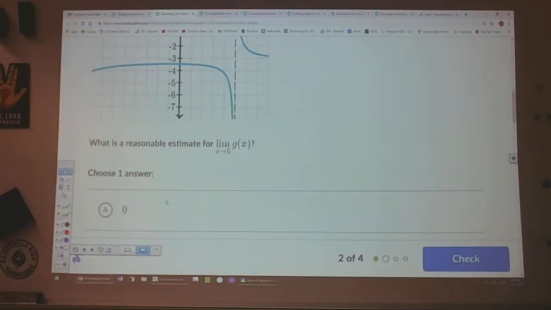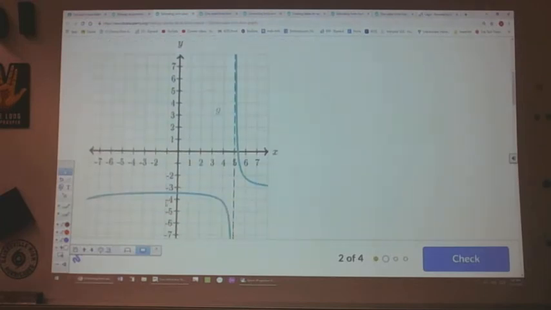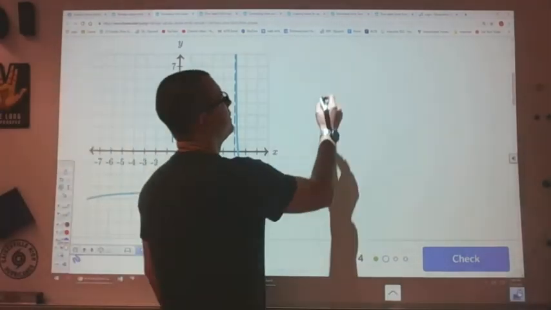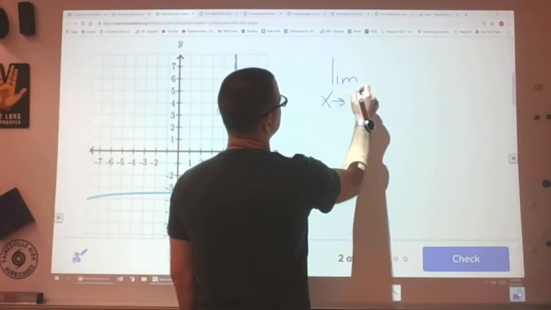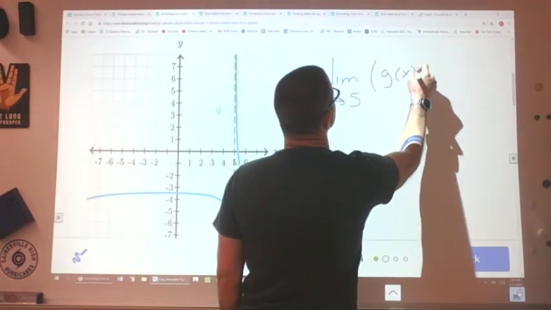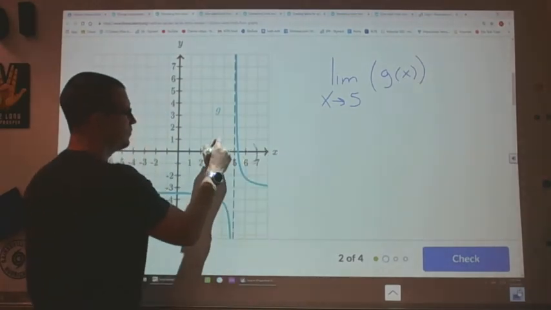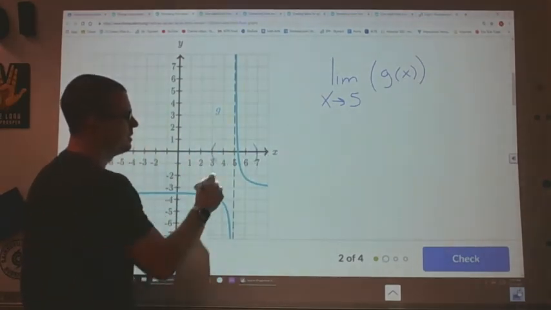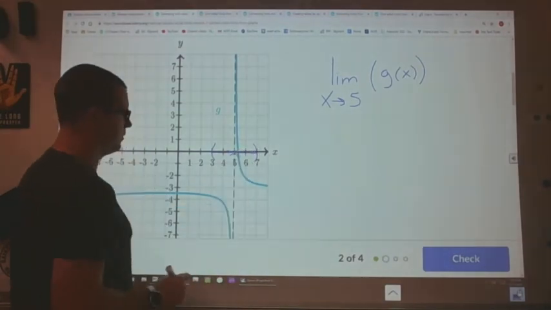So let's look at this one. If it doesn't exist at 5, so we want to find the limit as x approaches 5 for g of x. And so there's 5. I kind of go a little bit to the right, a little bit to the left, and work my way in towards that value.